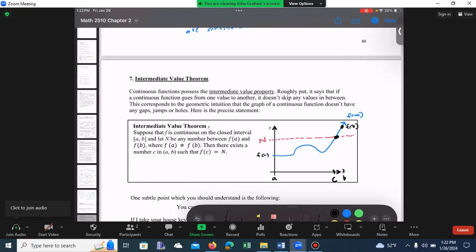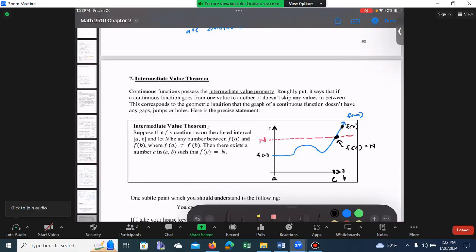Then there exists a number C between A and B where f of c equals n, which is this point.